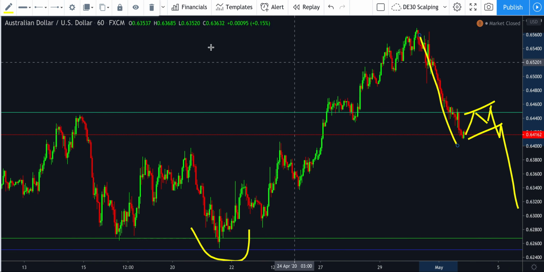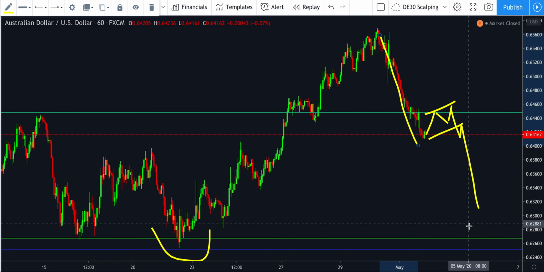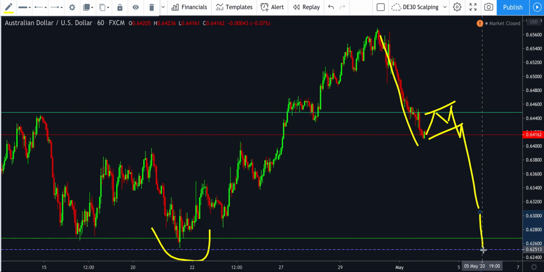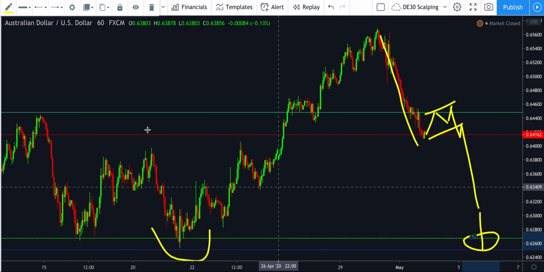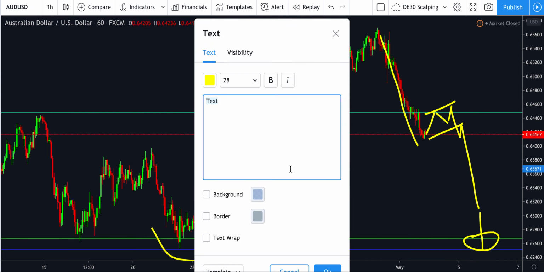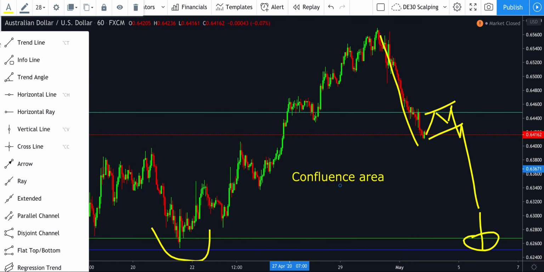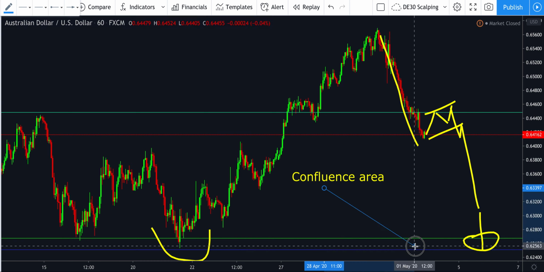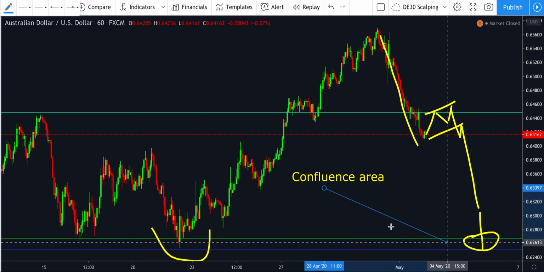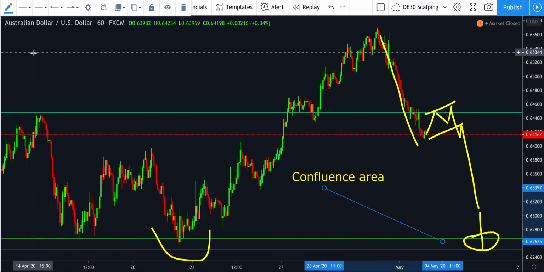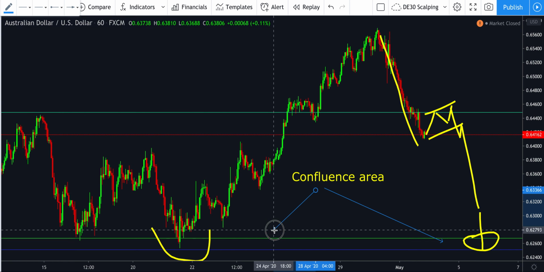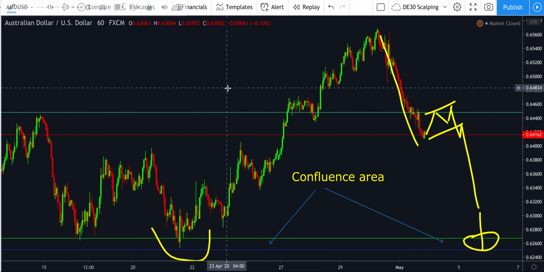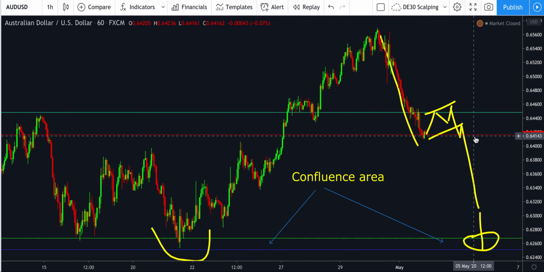And this move can lead us to retest this confluence area. Okay, I hope I've been clear and you can clearly see that price might do that.